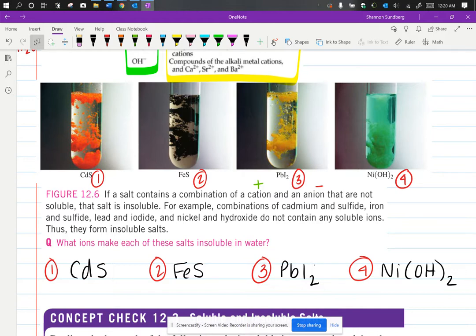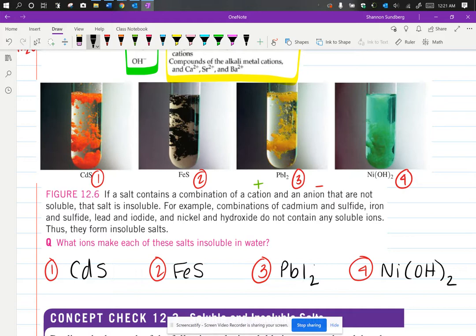For example, combinations of cadmium and sulfide, that would be the orange test tube, that first one, iron and sulfide, the black test tube, number 2, and lead and iodide, that's the yellow stuff in test tube number 3, and nickel and hydroxide, that's test tube number 4, it looks kind of turquoisey, do not contain any soluble ions. Thus, they form insoluble salts.